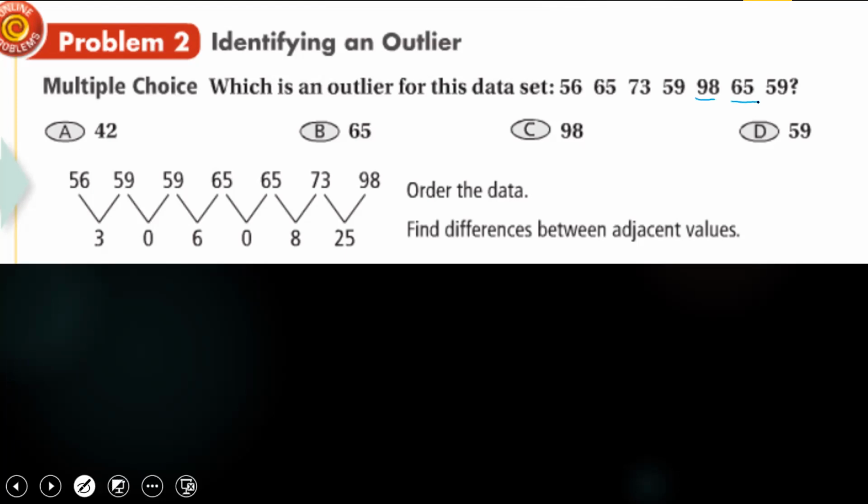The first step is to order the data. So here we have 56, 59, 59, 65, 65, 73, and 98.